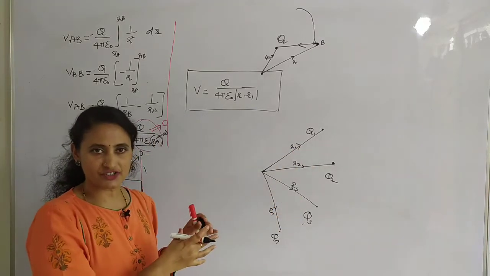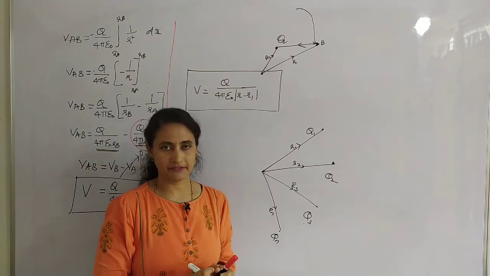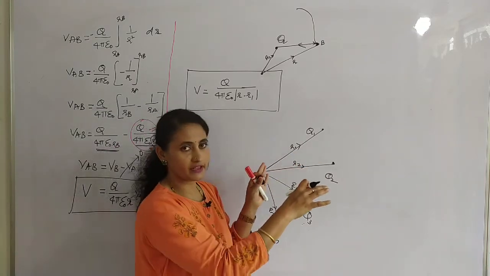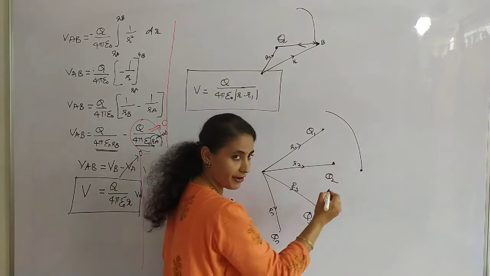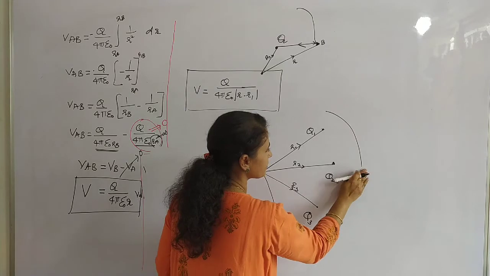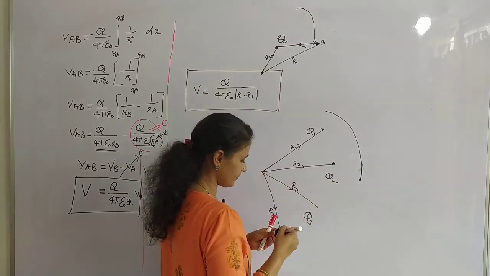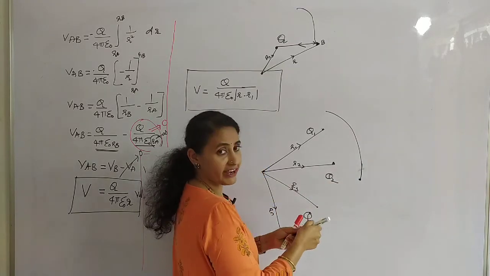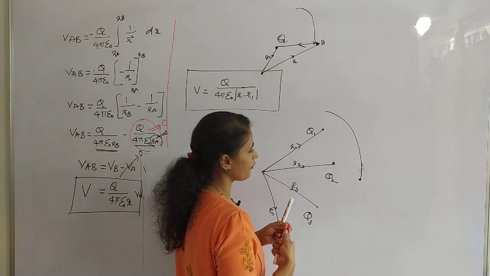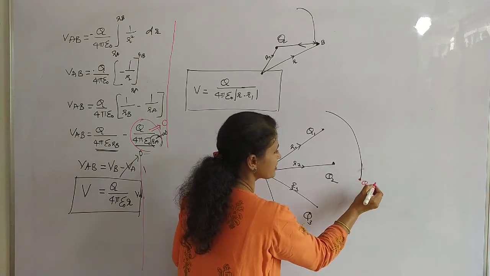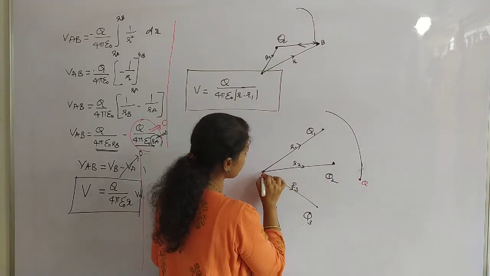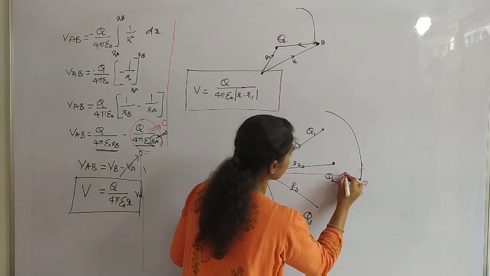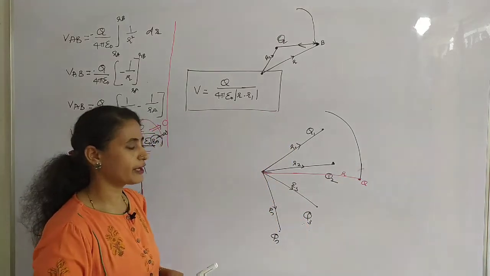Now there is a charge distribution which creates some electric field. In this electric field we want to bring a point charge to the particular final point P, which is at a vector distance r.